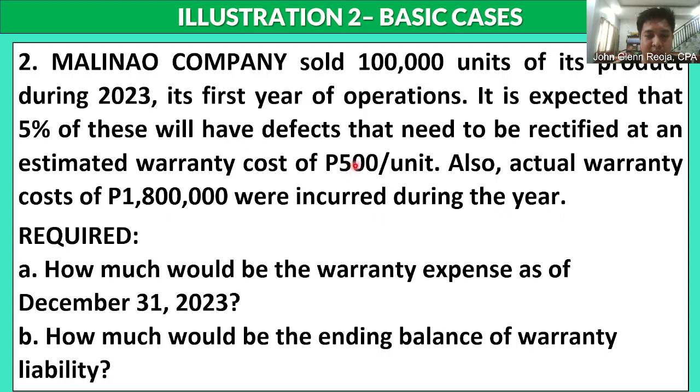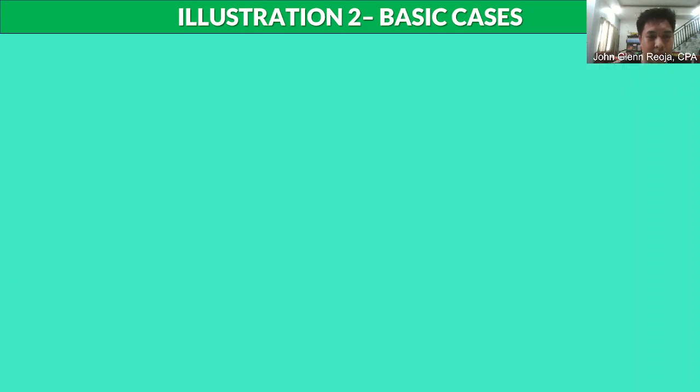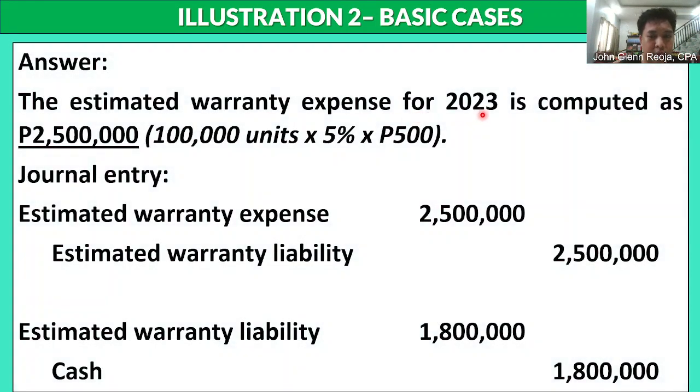So, how much would be the warranty expense as of December 31, 2023? No? And then yung letter B, how much would be the ending balance of warranty liability? Ito, expense account. This one, liability account. Okay. So, let's answer. Separate yung mga account. So, the warranty expense for 2023 is computed as 2.5.